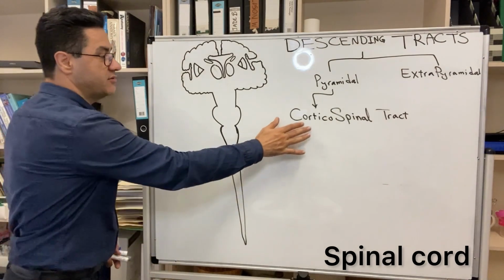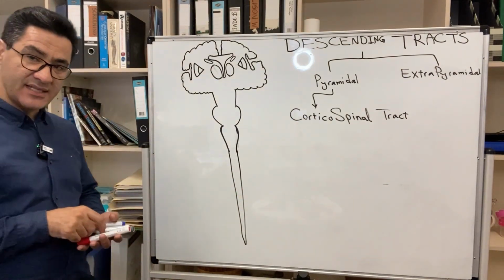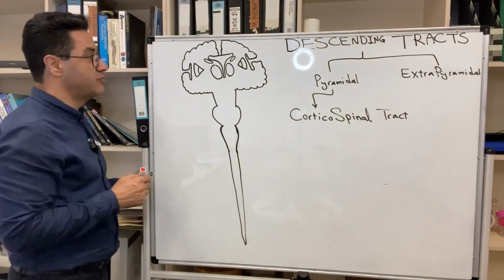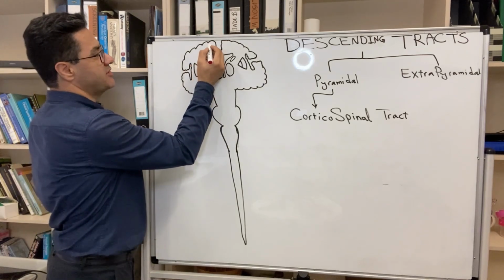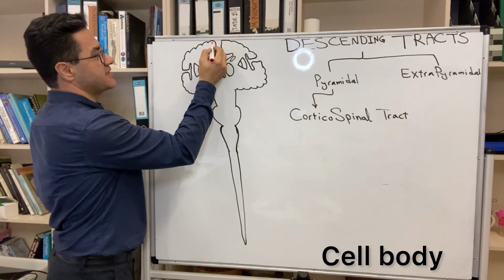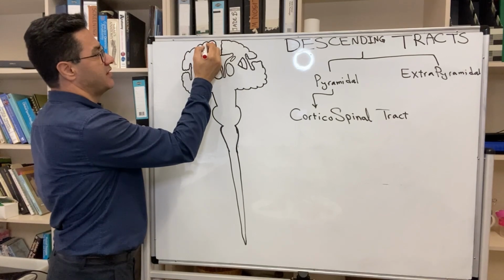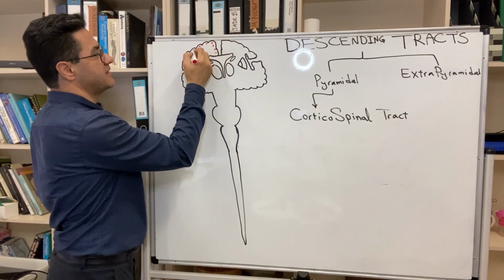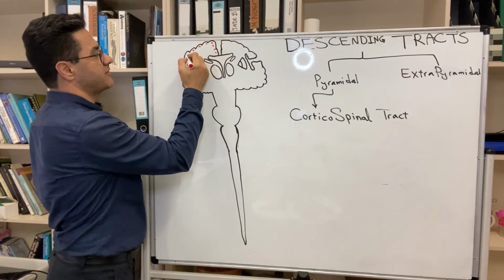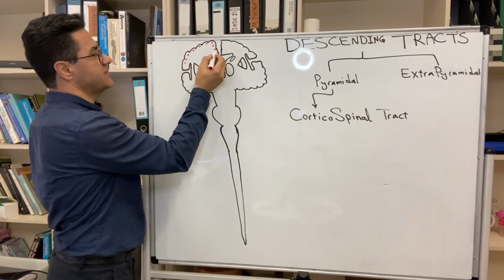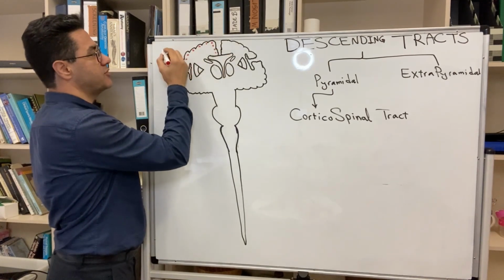So for the corticospinal tract, where is the cell body of the upper motor neuron? The cell body of the upper motor neuron starts here. Imagine that we have several upper motor neurons here in the motor cortex.